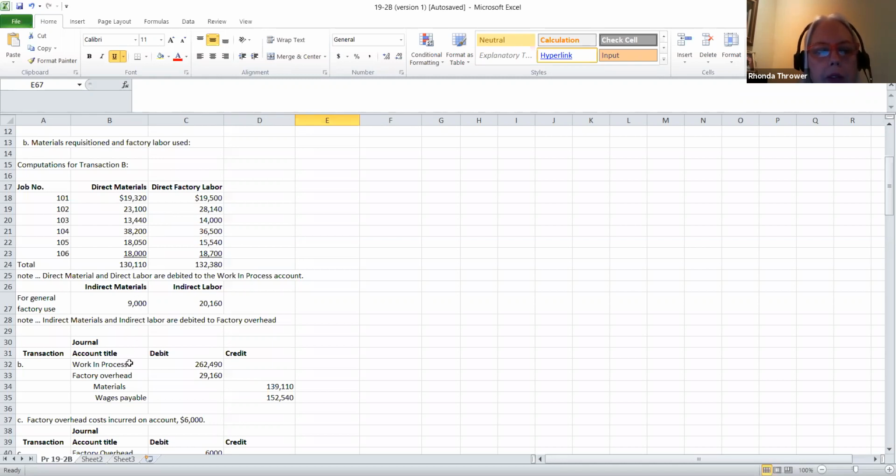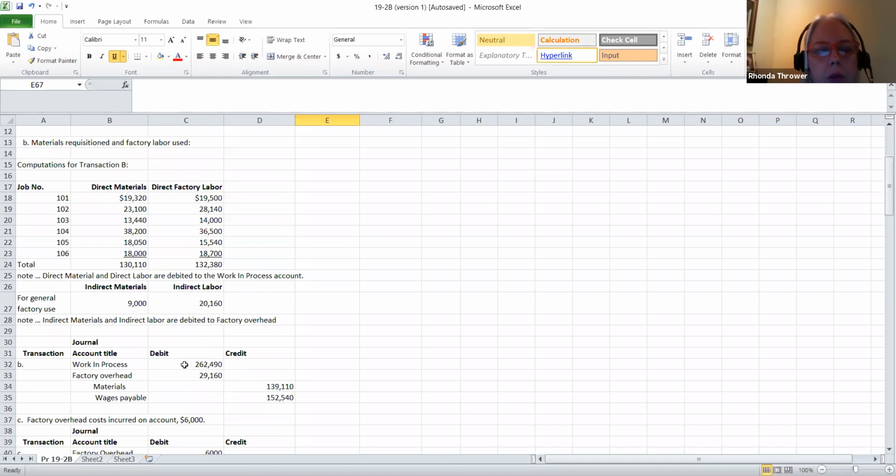Our work in process account is an inventory account. It is an asset and should be debited. What I've done is add up all the direct materials and all the direct labor, and when you combine direct materials with direct labor, that's how I'm getting the debit to the work in process account.